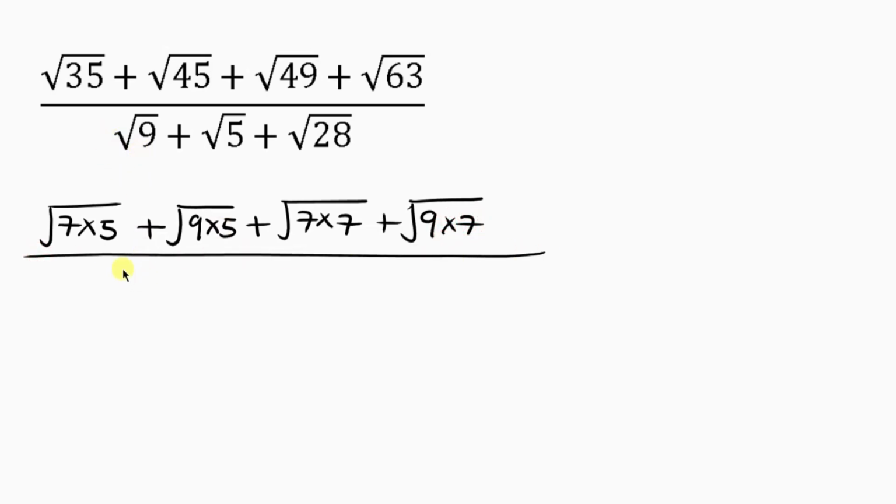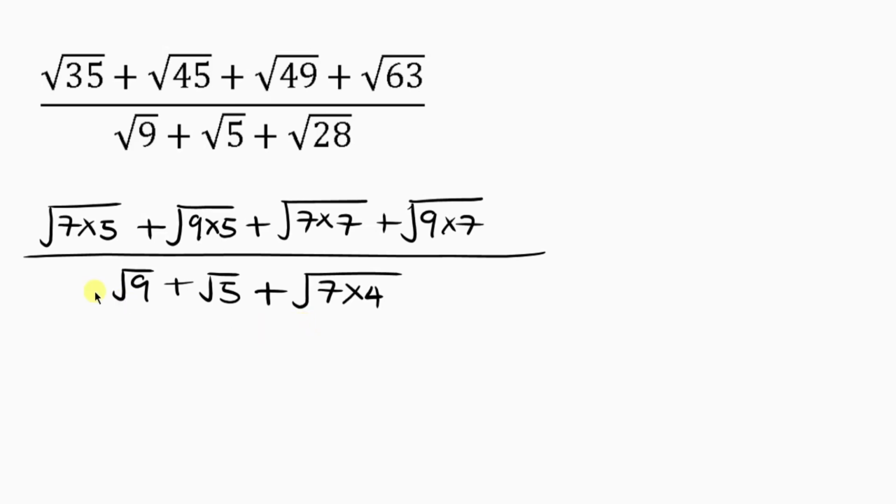We have the square root of 9 plus the square root of 5 plus, if you notice that I have 7, 5 and 9, so I'm going to be maintaining that. So the square root of 28 is the square root of 7 times 4. That's it. So now we are still going to simplify further.